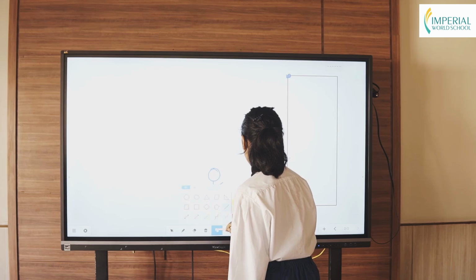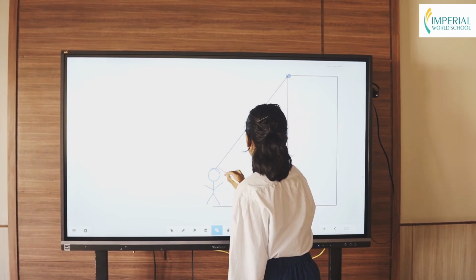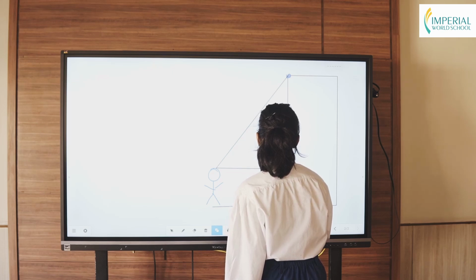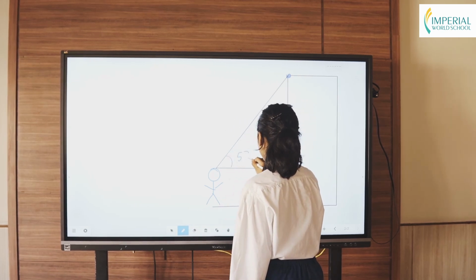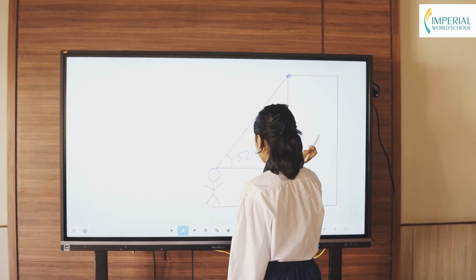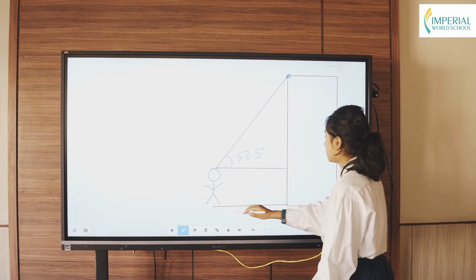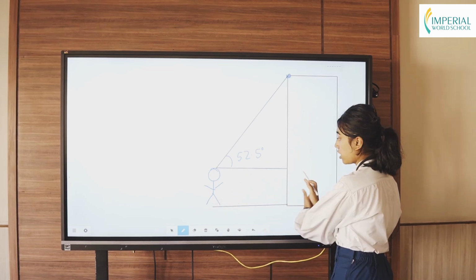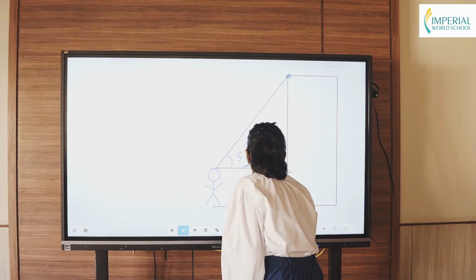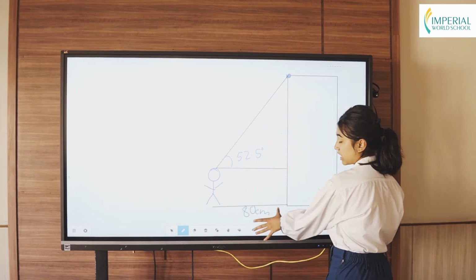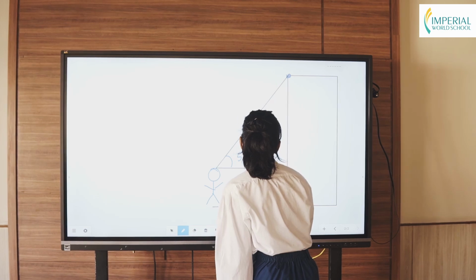And then the angle of elevation here. Now we know that the angle of elevation is approximately 52.5 degrees, which we already found. And other information is we know that the distance from the wall to the suspect is approximately 80 centimeters. Now we know that this is 80 centimeters, then this will obviously also be 80 centimeters.